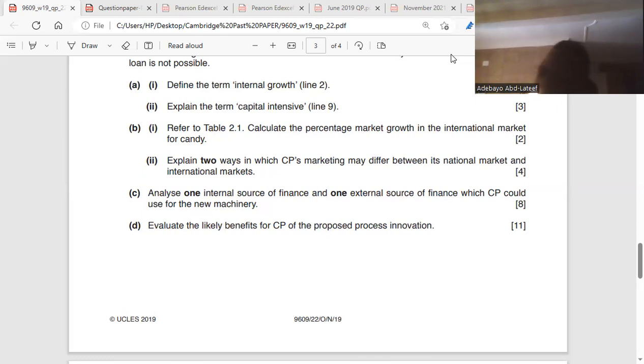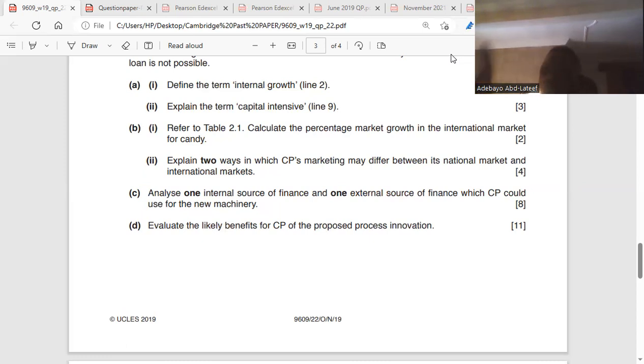Yeah. And the last point I make is about an increase in CP's product portfolio. With new equipment, CP might be able to produce different sizes of candy, different brands of candy, which increases its product portfolio.